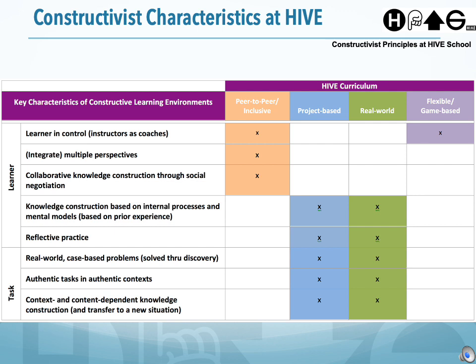And Hive's project-based curriculum, the blue column, which is based on real-world problems, the green column, requires learners to construct knowledge based on substantial reflection on experience. And task teams must construct content-dependent knowledge to address authentic tasks in authentic contexts.